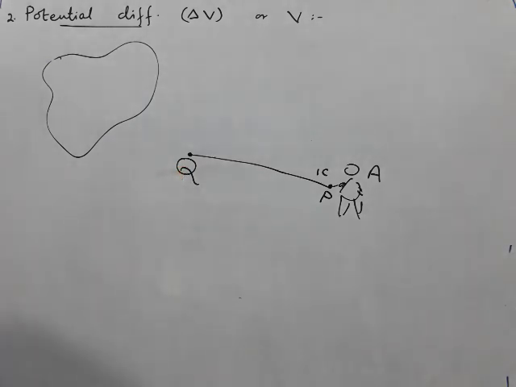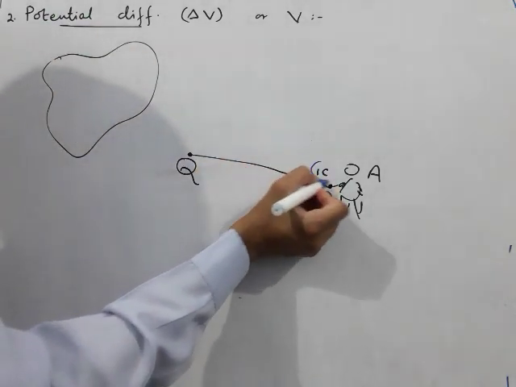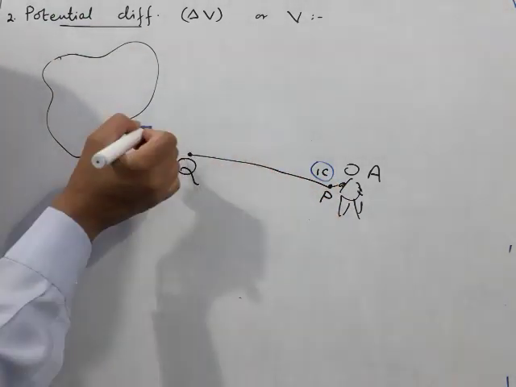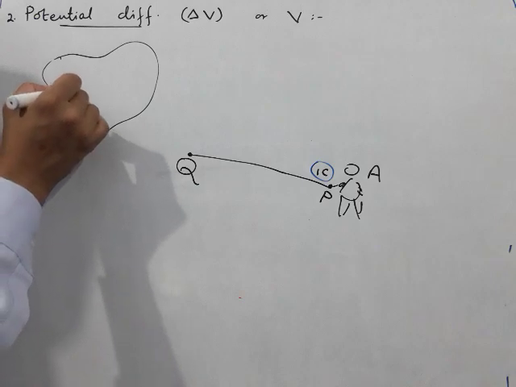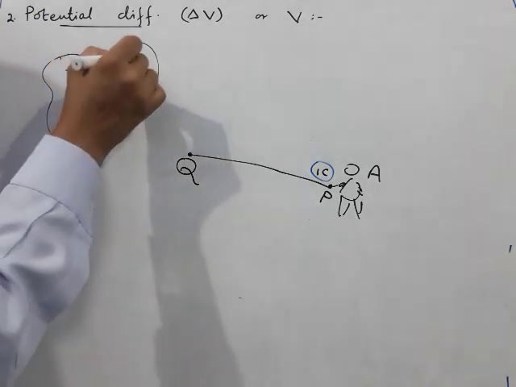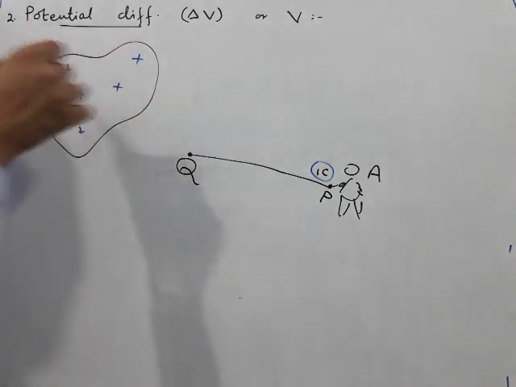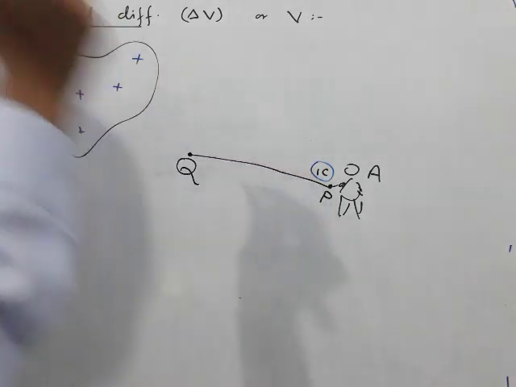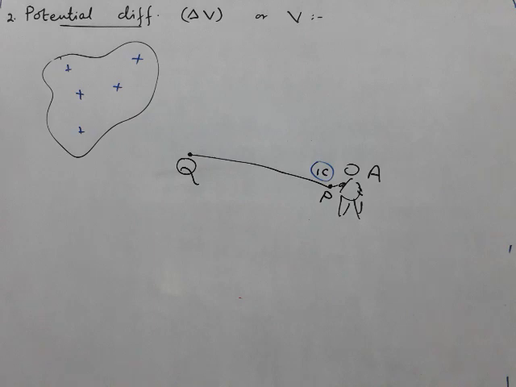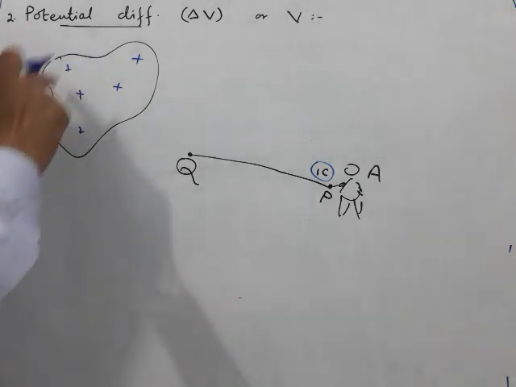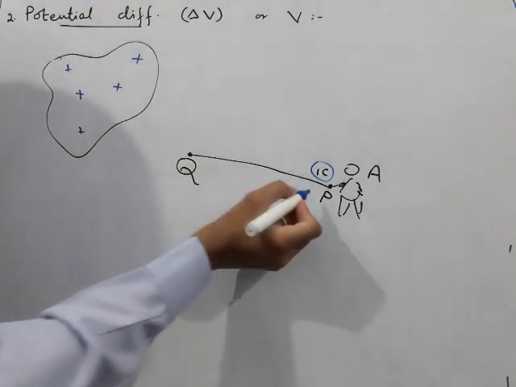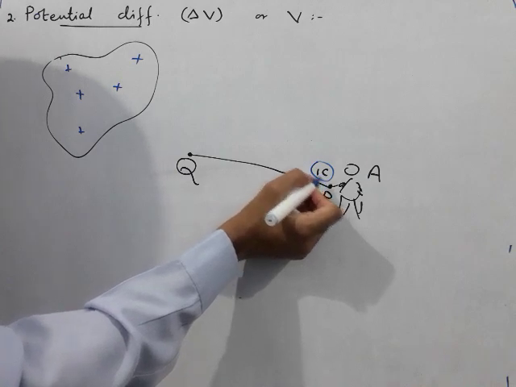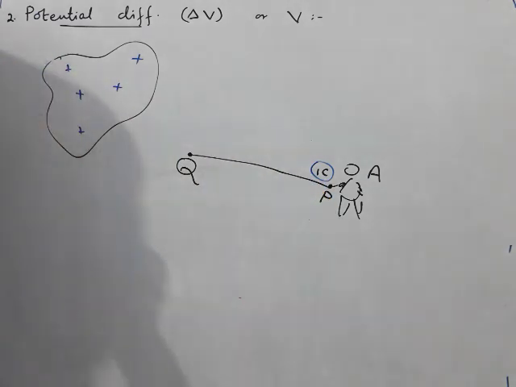Now when he carries this 1 coulomb charge with him and tries to come, here I told there are some charges. Suppose we take positive charges. These positive charges would repel this particular charge of 1 coulomb, and if they are negative, they will attract. So this person will have to exert an equal and opposite force.